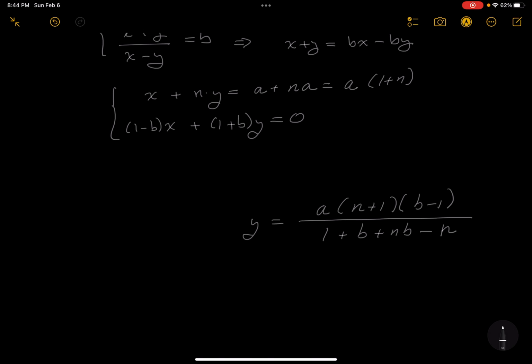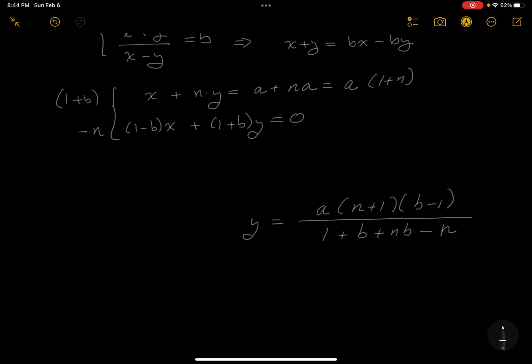And I'm looking to eliminate, well, the y now. So I'm going to multiply the top by, it's more difficult, by the way, 1 plus b. And that's going to give me n, 1 plus b y. And I can multiply the bottom equation by minus n.